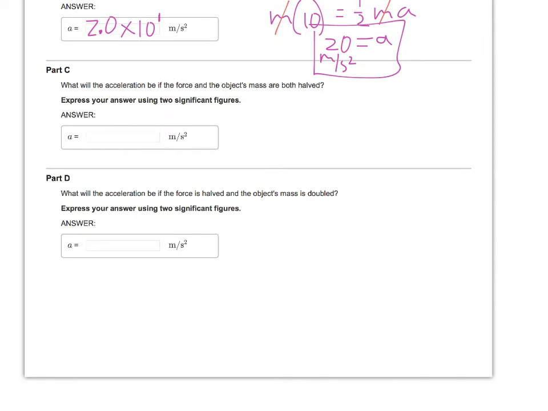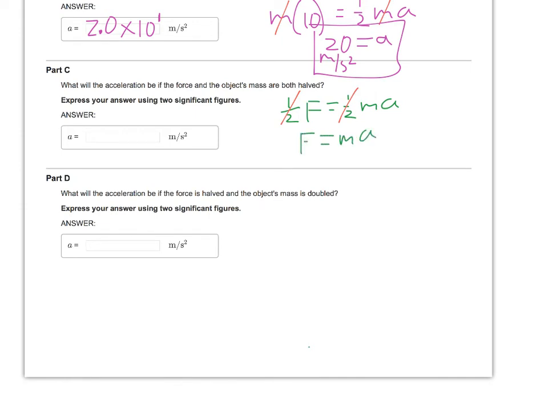Moving on to part C, what will the acceleration be if the force and the mass are both halved? Okay, so let's start by setting up our equation for this one. We're going to have 1/2 F is equal to 1/2 m times a. We can actually cancel out these two 1/2s, and we're just left with F is equal to ma.